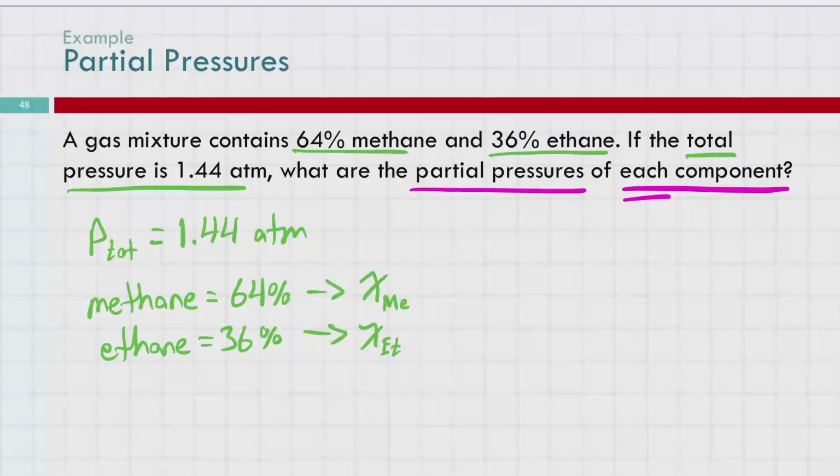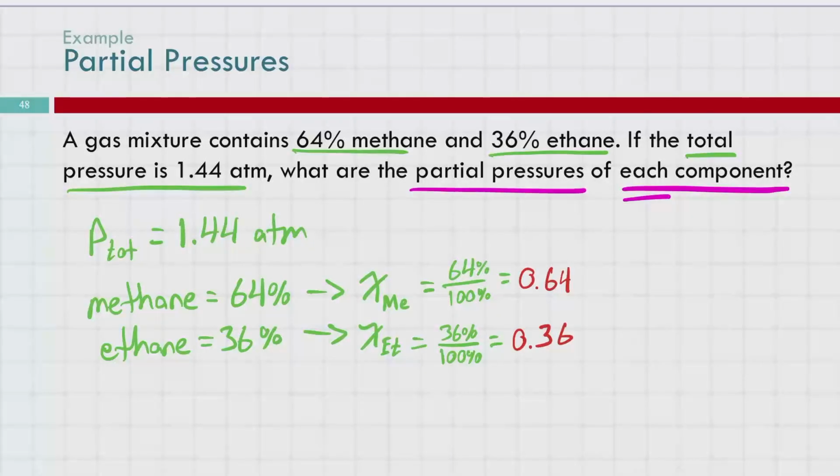Those are how they're often abbreviated, if they're substituent groups at least. Those values are going to be their percent divided by 100%. If you can do that math in your head, you're more than welcome to, because all we're doing is moving the decimal place 2 spots to the left. So 64% becomes 0.64, 36% becomes 0.36.